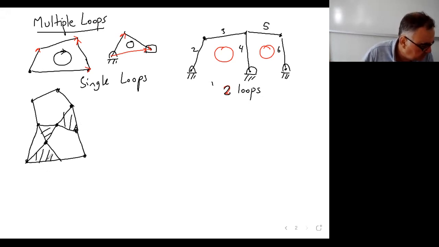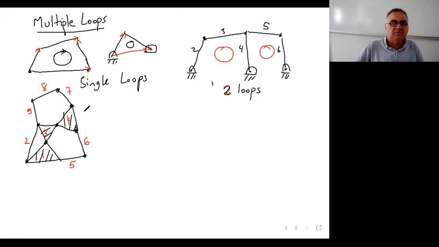Let's number them in a different color. Let's say this is 1, this is 2, 3, 4. Let's say you have 9 links.